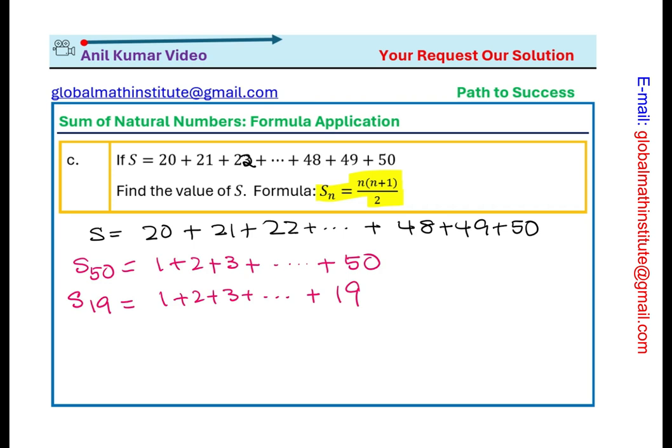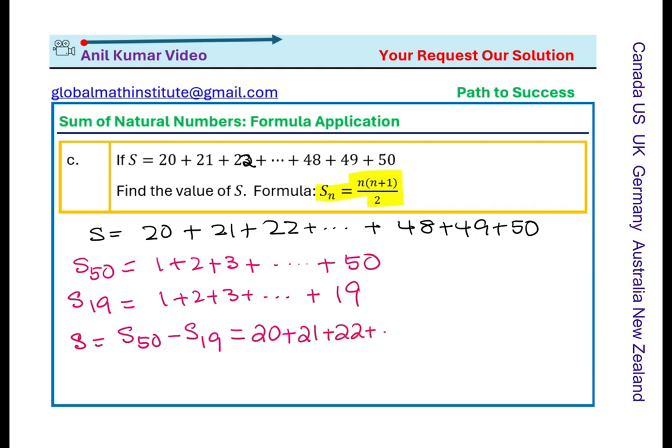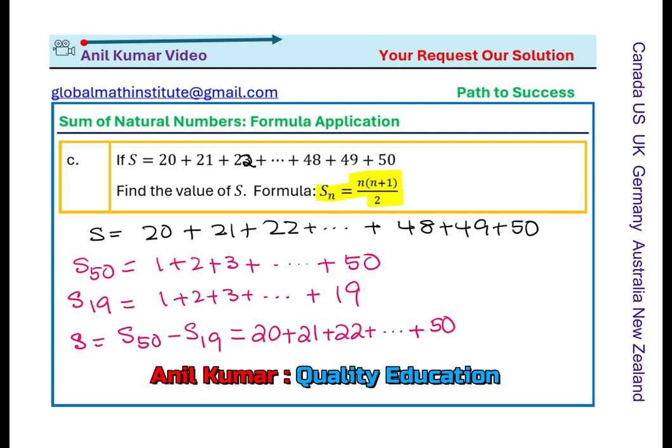So now this sum is equal to what? This sum is sum of 50 minus sum of 19, right? That will give me from 20 to 50, correct? Makes sense. So that is the strategy which you can actually use to answer this question. I hope that makes sense, right?